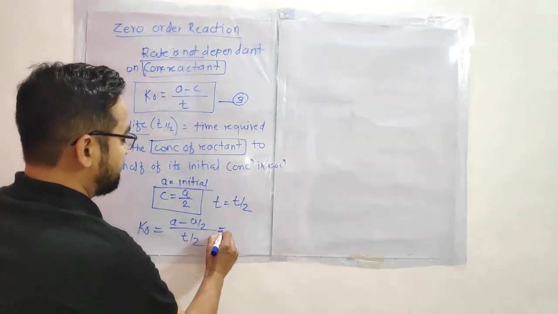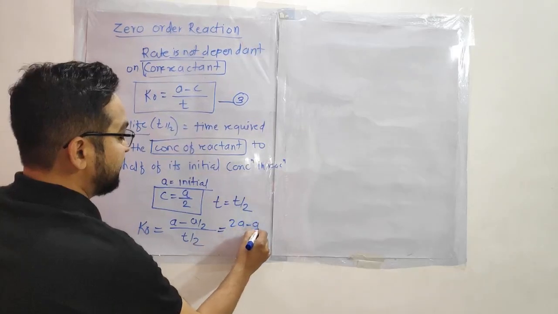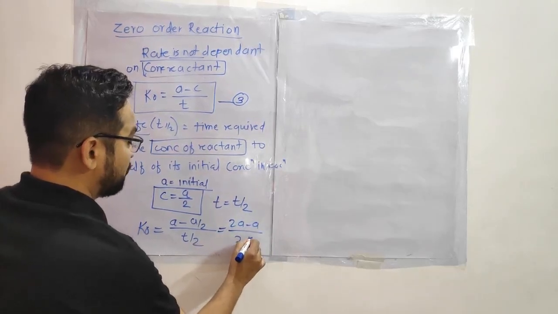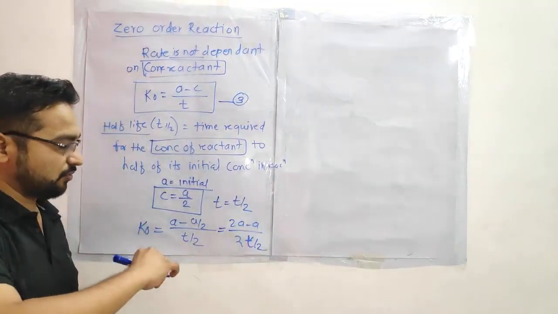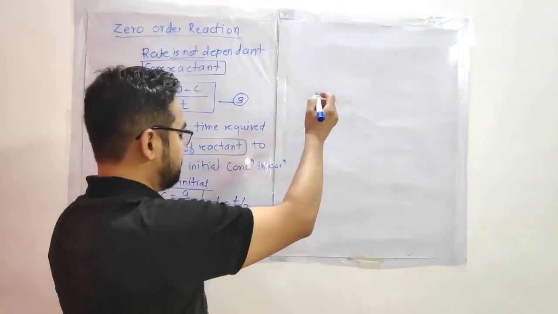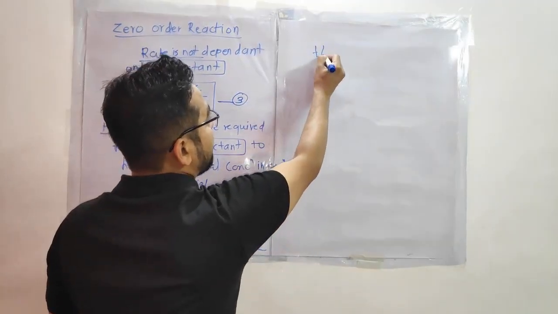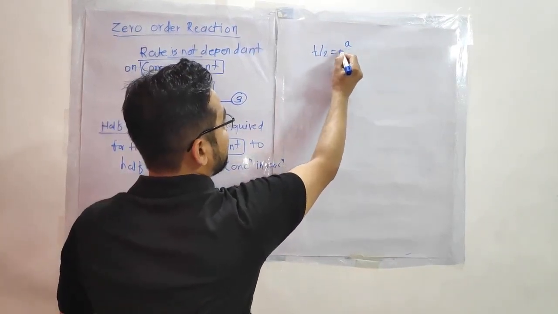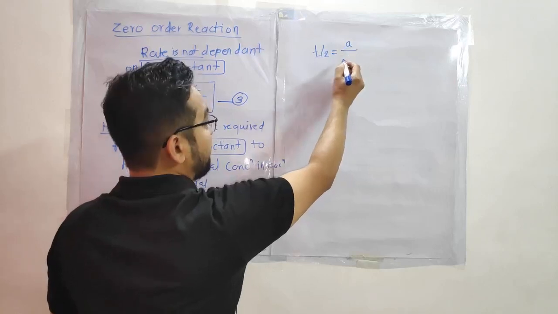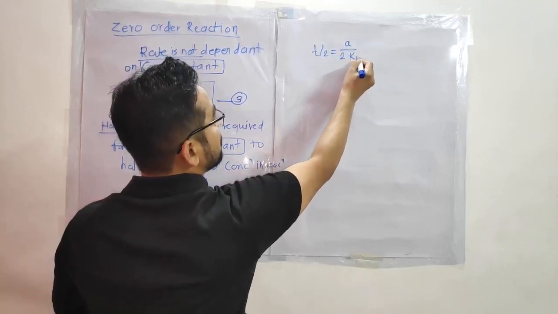If you simplify this, 2a minus a divided by 2, and let us overtake t half. Now reshuffle this equation, so t half will be here. So 2a minus a will be your a, divided by 2 into k0.